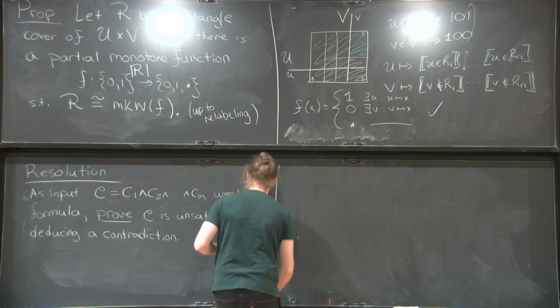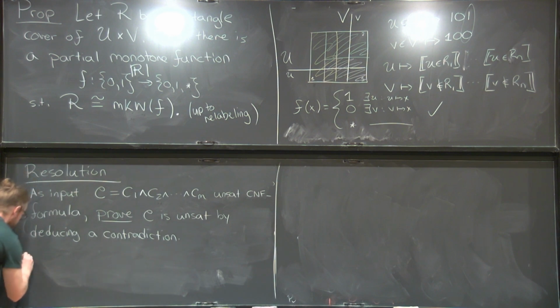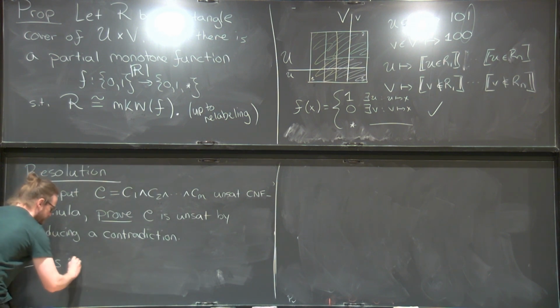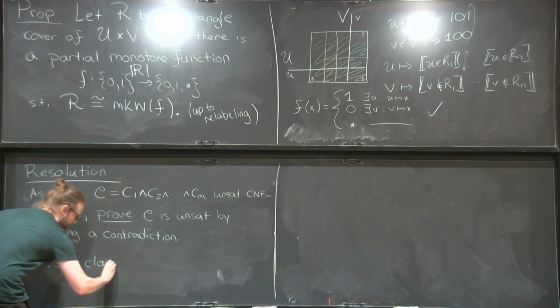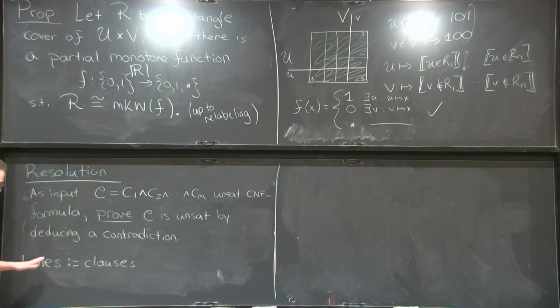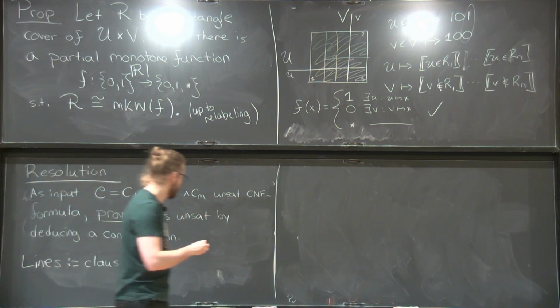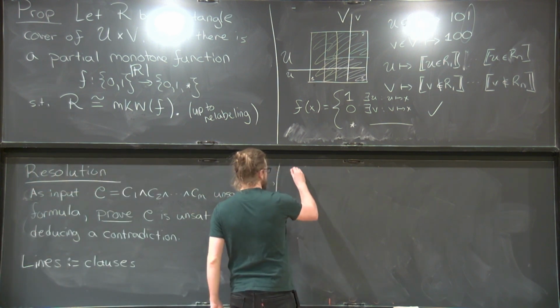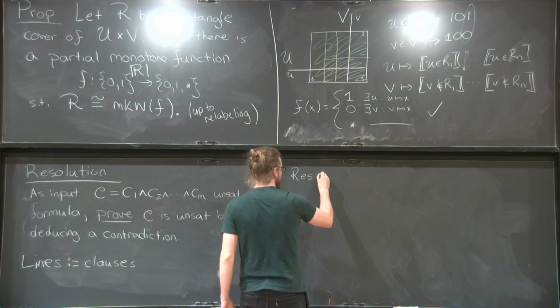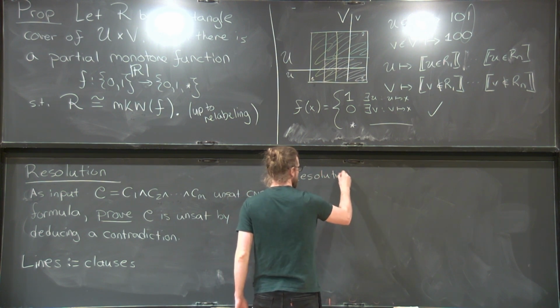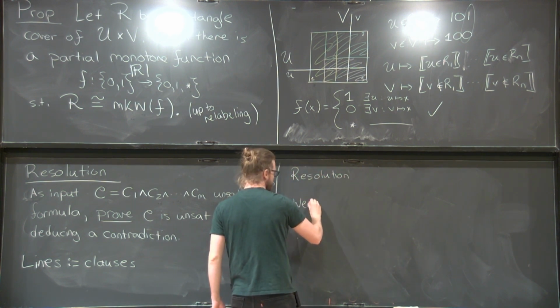Resolution is a very special system in that every line of the proof is going to be restricted to be another clause. So we can only use inferences that are based on clauses. The standard definition of the system has two rules: the resolution rule and the weakening rule.